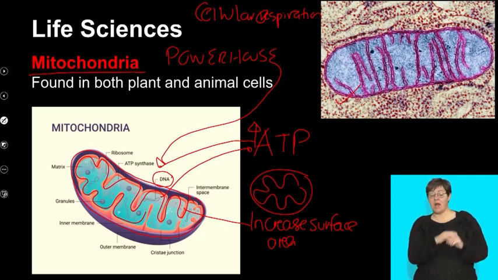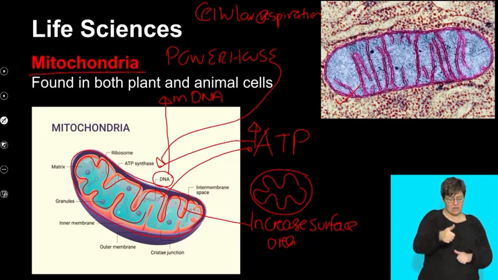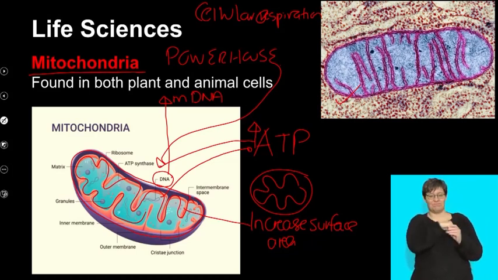Now, if you're studying this diagram very carefully, you're going to see something quite unusual. The mitochondria have their own DNA. It's called mitochondrial DNA. Very often when we look at the concept of evolution, we're going to see how mitochondrial DNA plays a role in how we can look at the history of time.